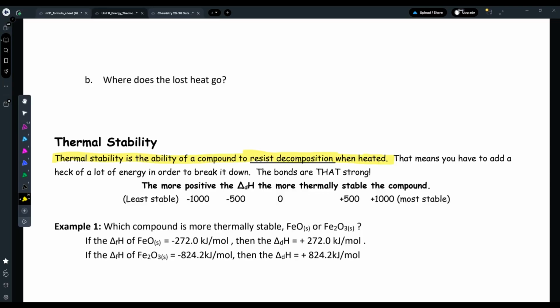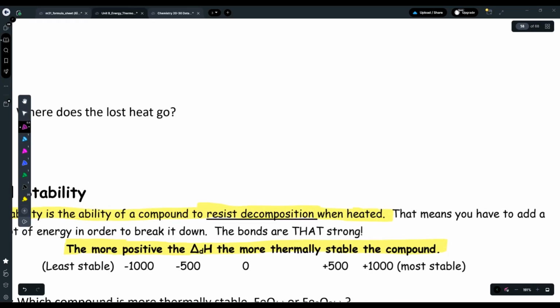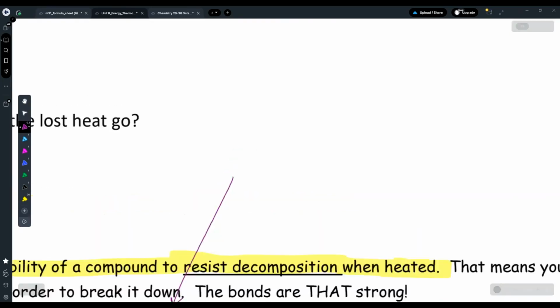Okay, you have to add energy to something in order to break those bonds, and the more energy you have to add in order to break the bonds, the more stable it is. Okay, so what this means is the more positive the molar enthalpy of decomposition is, the more thermally stable the compound is going to be. Okay, so the key here is that we're using molar enthalpy of decomposition.